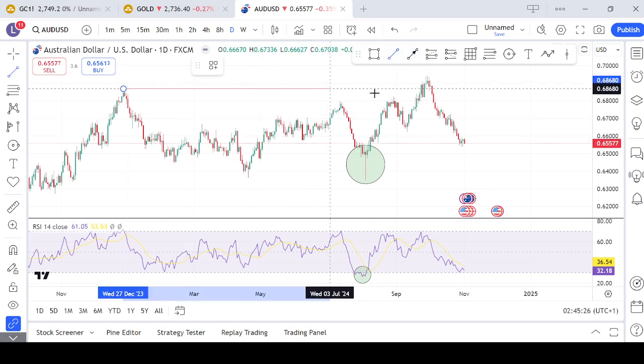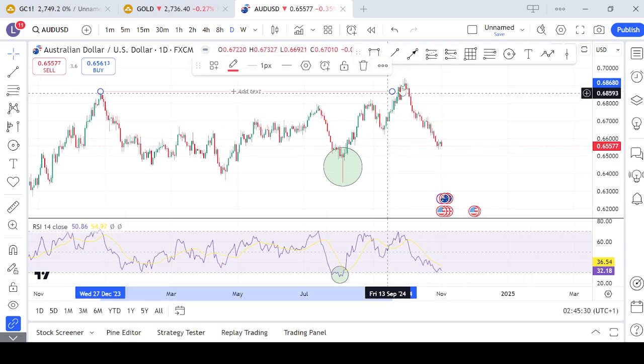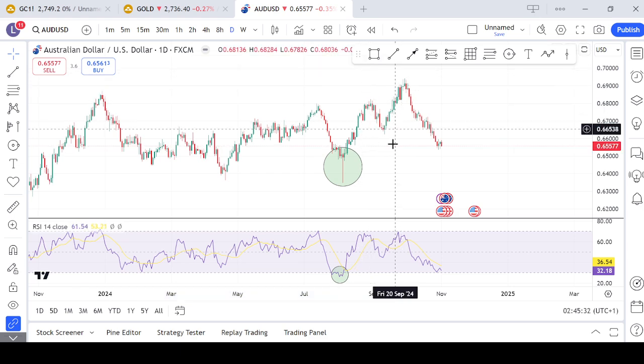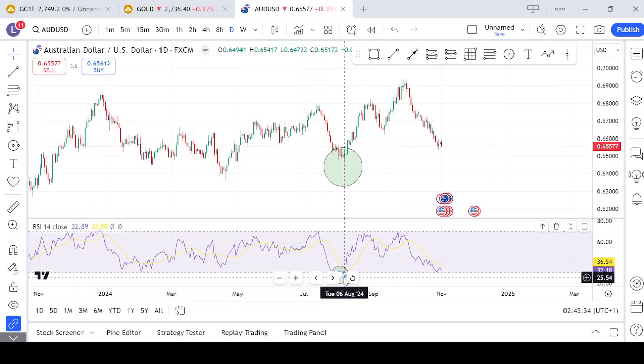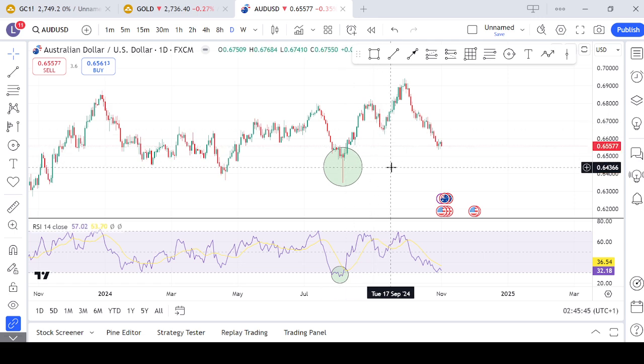So we're in a bullish trend here, and we could be looking to continue the trend. The RSI went below 30, and you can see price giving us this confirmation with this hammer, this rejection candle right here, and continuing the uptrend.